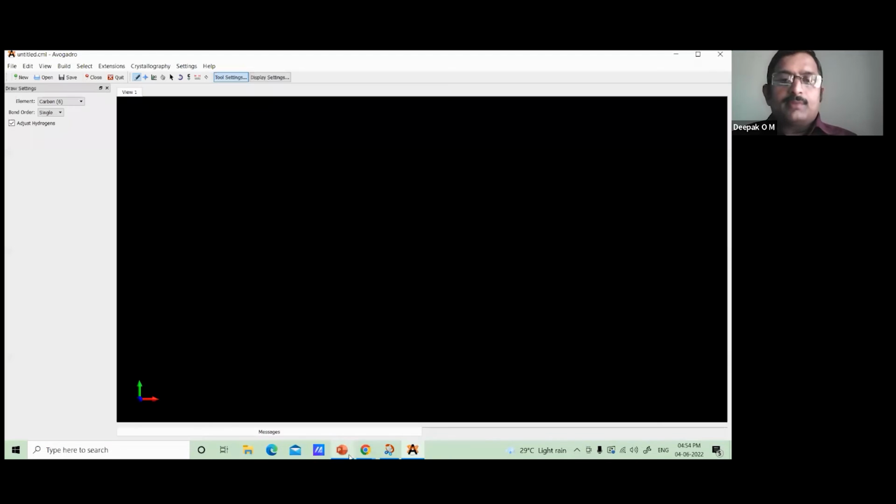This is a tool which is available worldwide in a free form. You can take it and work with it. Here we are just going to take carbon, bond order single. If I click here, what I get is a methane molecule model. Don't mistake it for only a picture. It is never a picture alone.